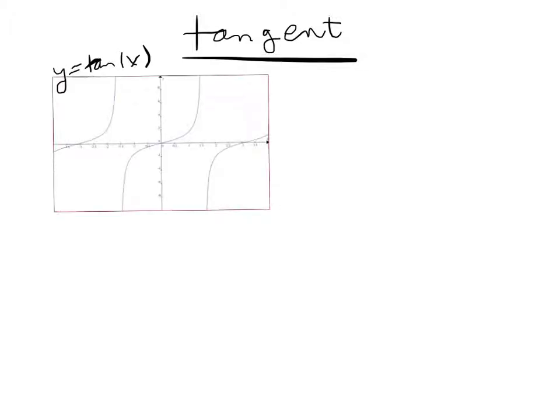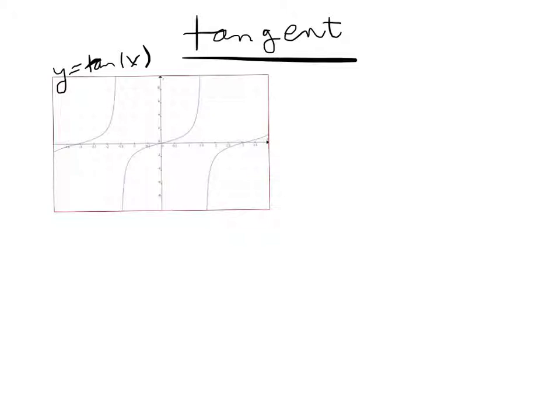Maybe just in passing we'll take a quick look at tangent, because the way it behaves is kind of cool. So let's put up the graph of what y equals tan of x looks like. So here's the graph of y equals tan of x, and obviously its inverse is not a function because tan x fails the horizontal line test.